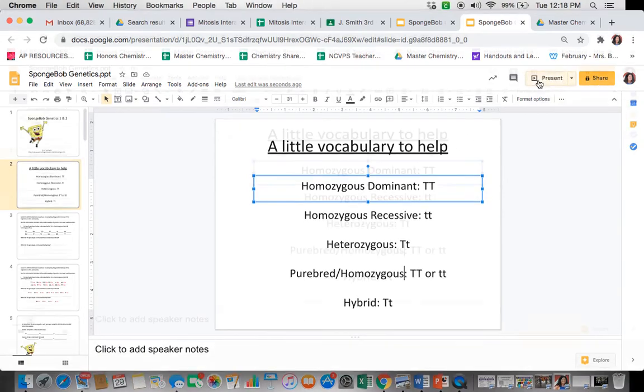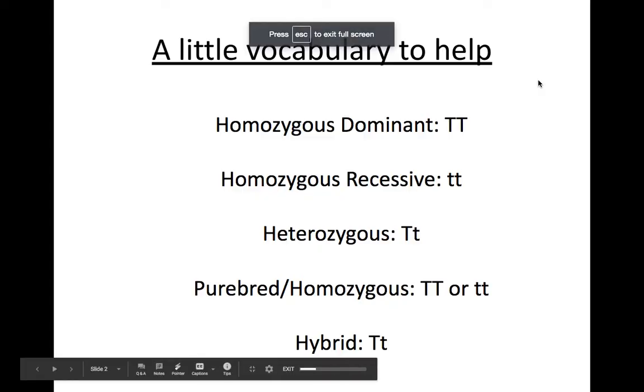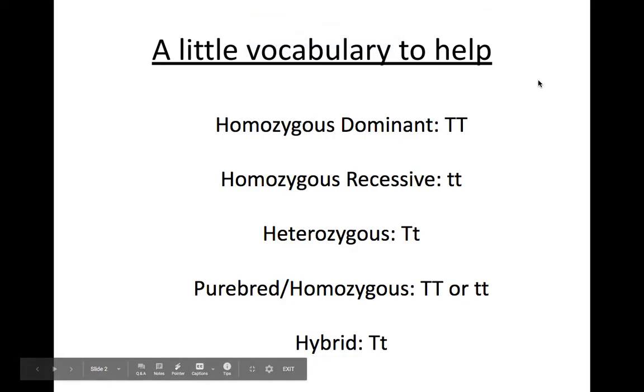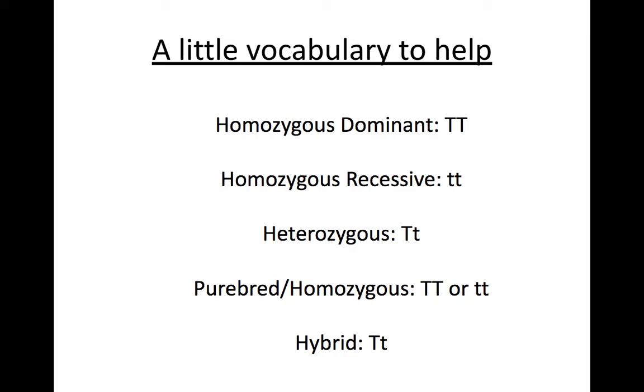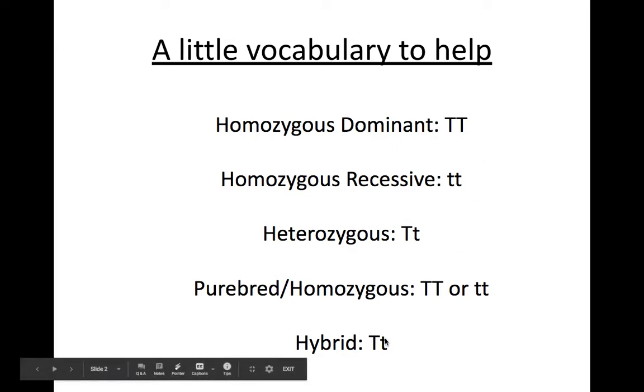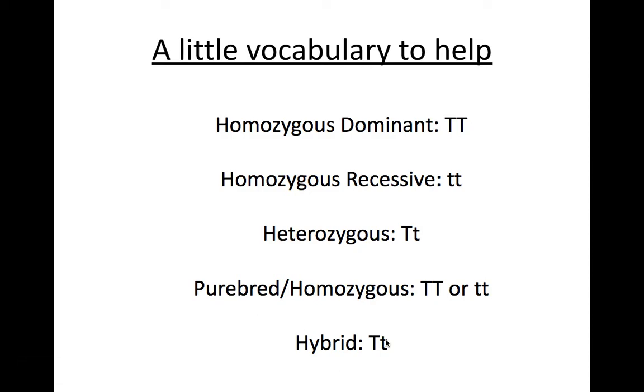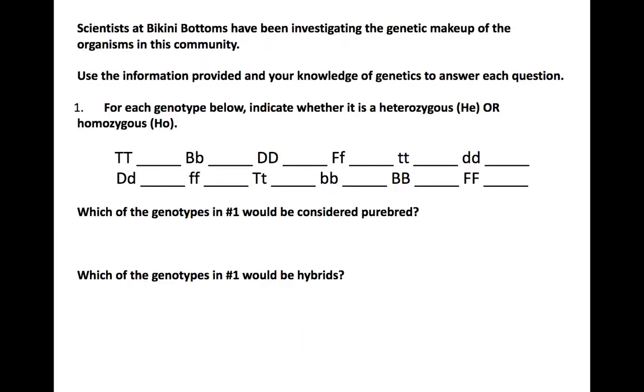It's just representing that it is purebred, meaning it doesn't have one of the alternate alleles in its presence. And then hybrid means it has one dominant and one recessive allele. Remember, if something is dominant, it's all capital. If something is recessive, it's all lowercase.